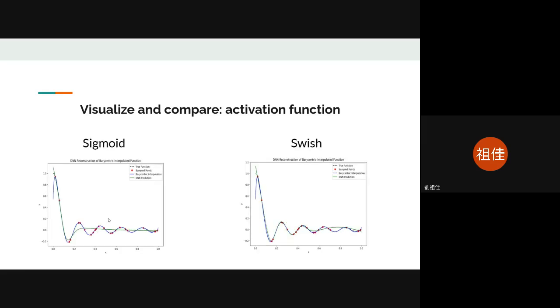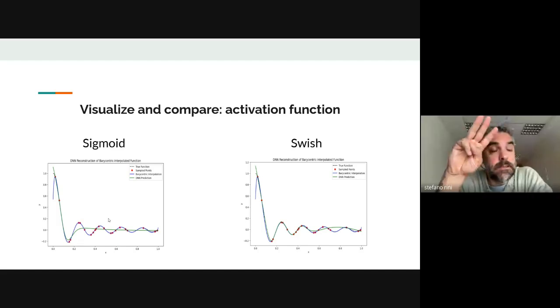And next we try the sigmoid and the Swish function. Yeah, and we can observe that the sigmoid function generates a smooth curve, but it's not fit for the sinc function because the sinc function oscillates very fast.